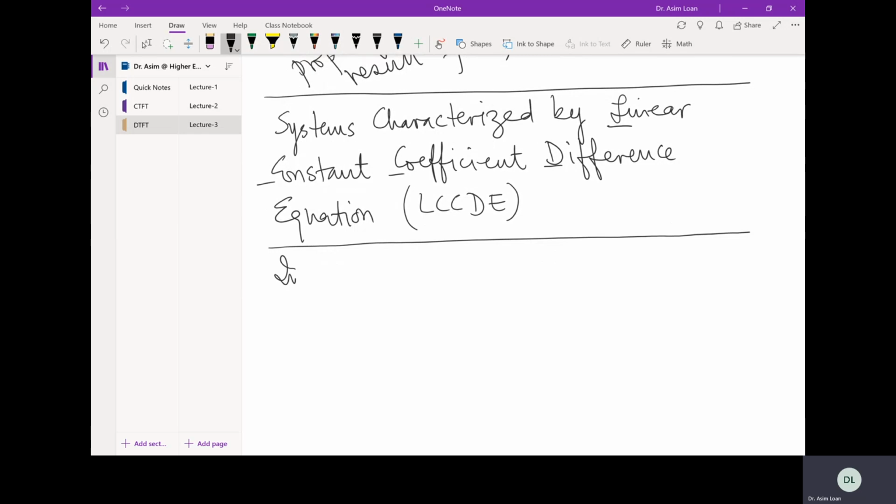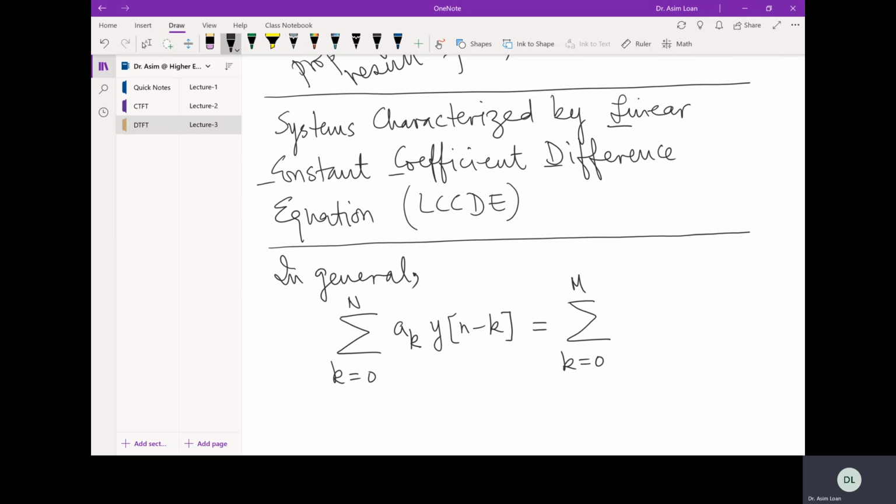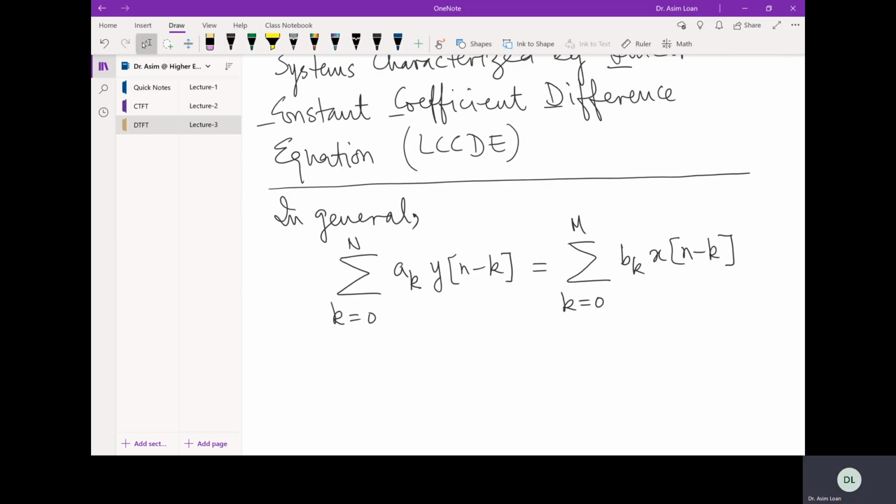So in general, we have the sum over k equals 0 to N of a_k y[n minus k] equals the sum over k equals 0 to M of b_k x[n minus k]. This is the Nth order equation.